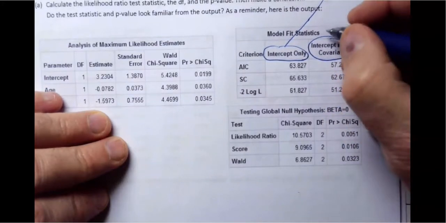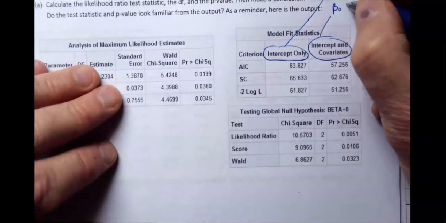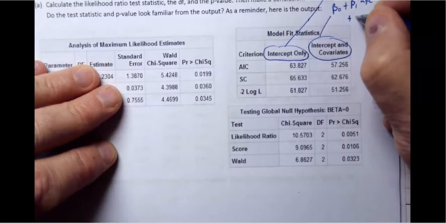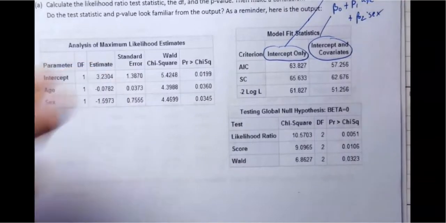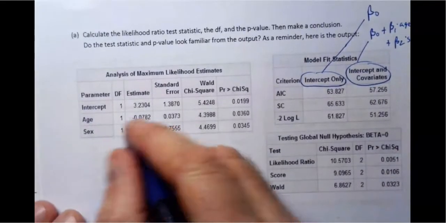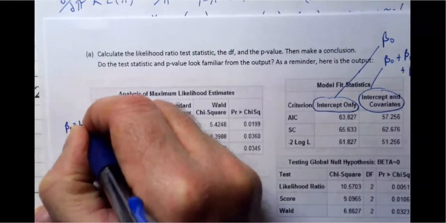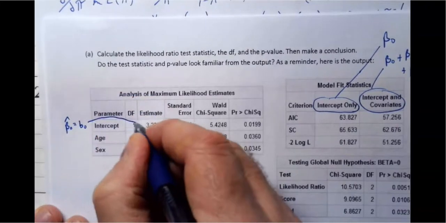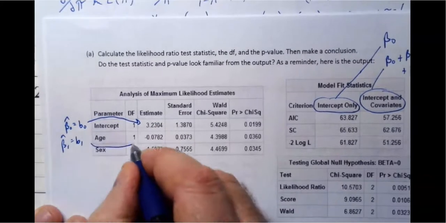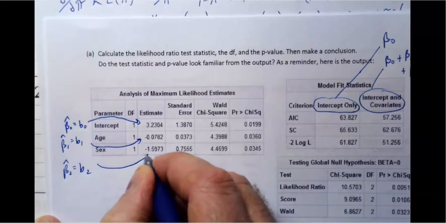Intercept and covariates is going to be a model that has beta 0 plus beta 1 times age plus beta 2 times sex. Again, in the parameter estimates, beta 0 or B0, this is beta 0 hat, or little b0, beta 1 hat, or little b1, and beta 2 hat, or little b2. I used both those notations. Sorry about that.